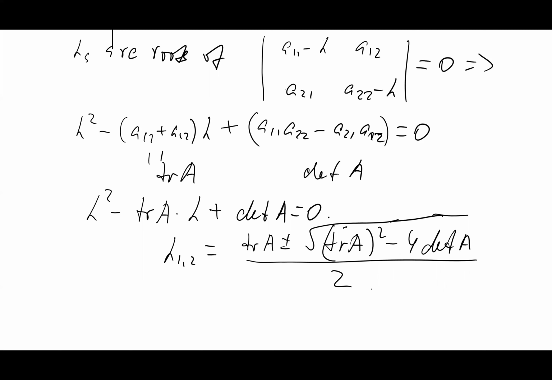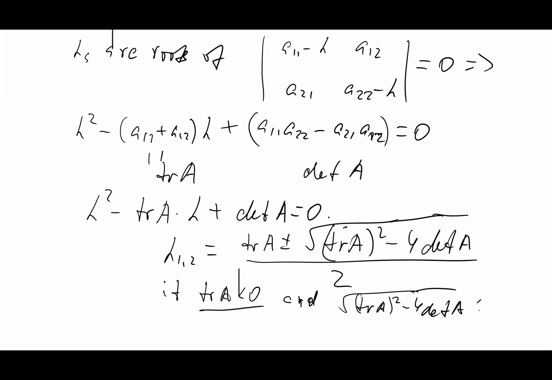So for example, if trace A is negative and this square root is less by absolute value than the absolute value of trace A, then lambda 1 is negative and lambda 2 is negative.